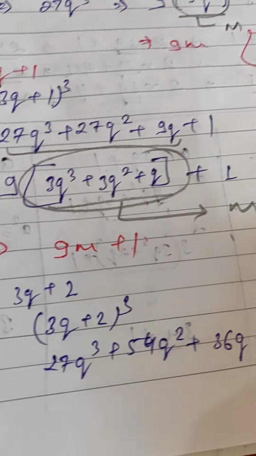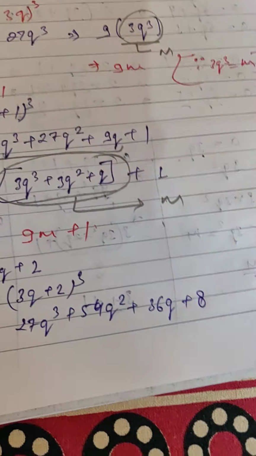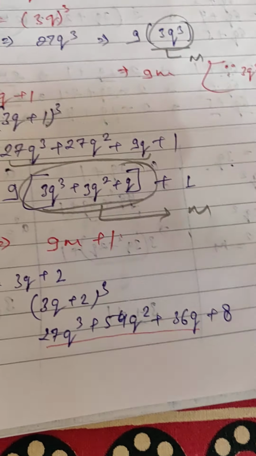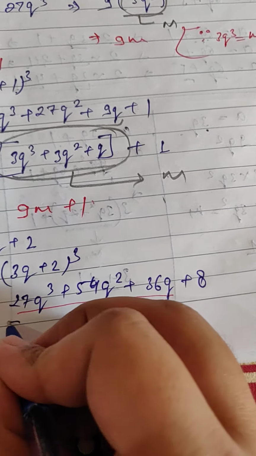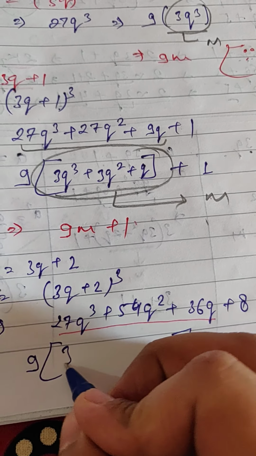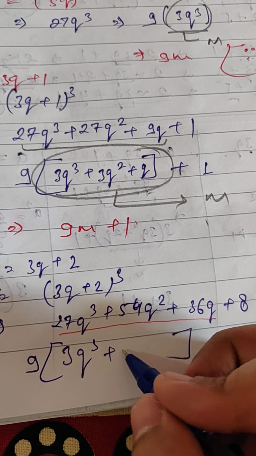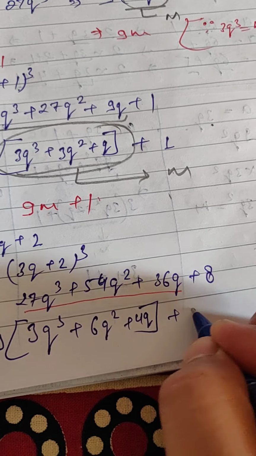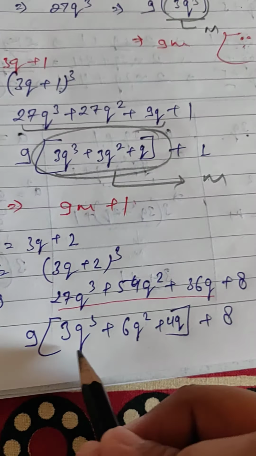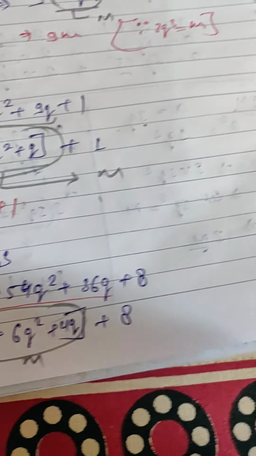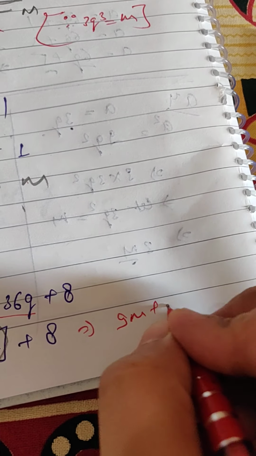So what you can do this time is, again you need to take 9 common out of these. So if you take 9 common, what you will get? 9(3q cube plus 6q square plus 4q) plus 8. Yes, if this entire is to be considered, let's say m, so we can write it as 9m plus 8. Here your exercise is finished.